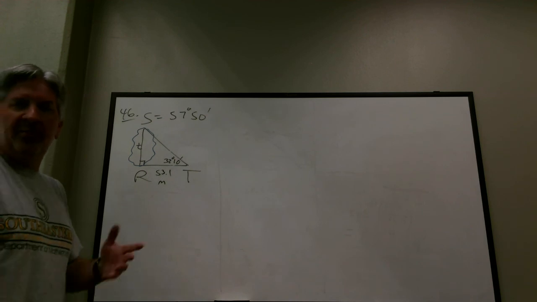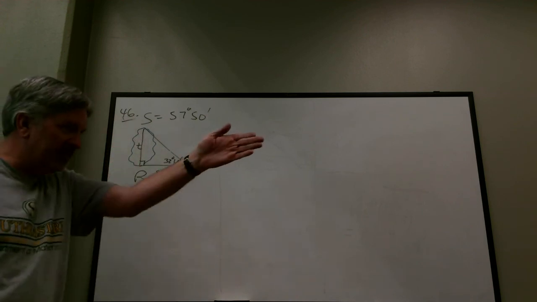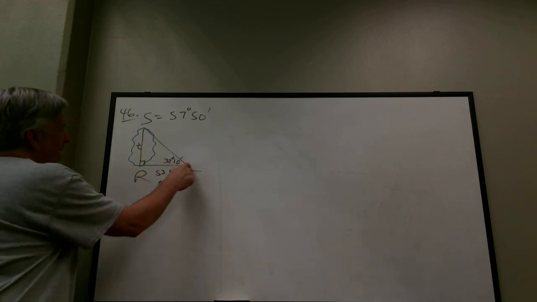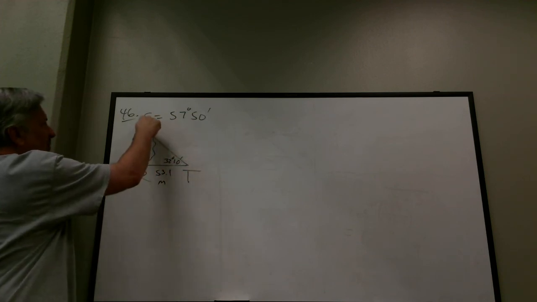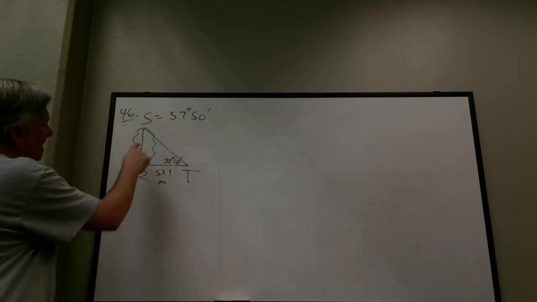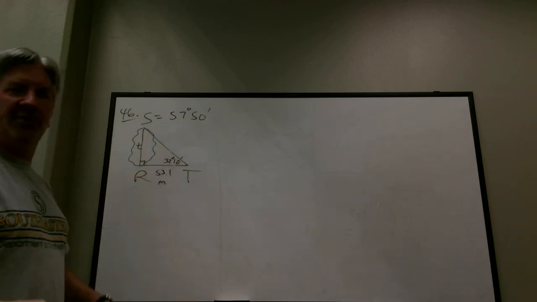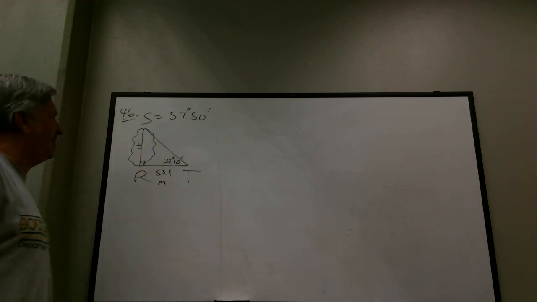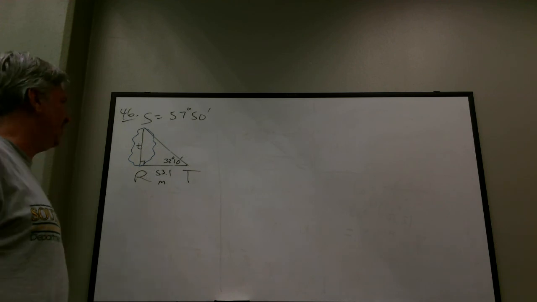Or take a problem with an obstruction, like suppose there's a big tree right in the middle of this, and so the surveying equipment can't see through it. So what do you do? Well, they measure this way, where there's no obstruction, and then they measure this way. I kind of drew it like there is an obstruction, right? So you make a triangle out of it and use trigonometry to figure out the distance you couldn't measure with your equipment. I like this example because it's the sort of thing you would have to do if you were working in construction or surveying.